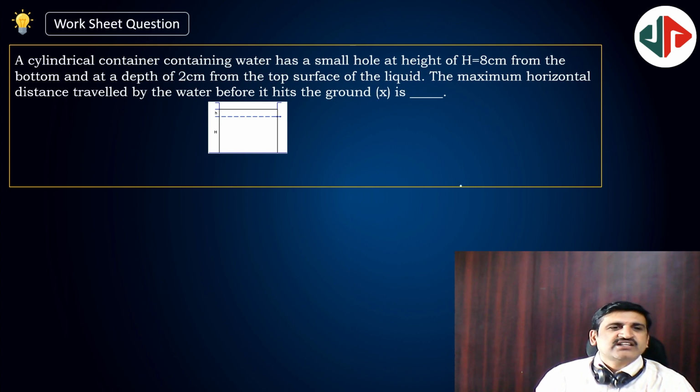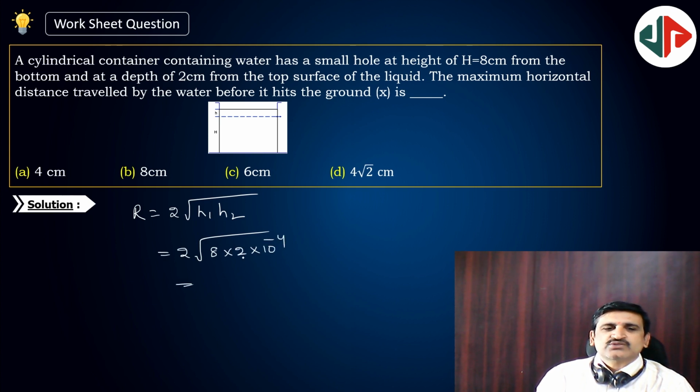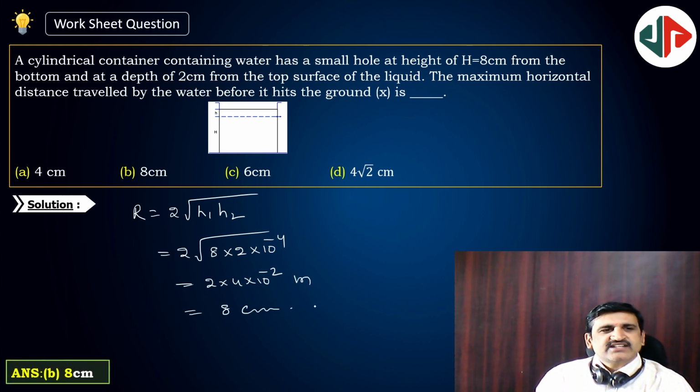The maximum horizontal distance traveled by the water on the ground is R equal to 2 into square root of H1 H2, I can call from the top and from the bottom. 2 into square root of 8 cm and 2 cm into 10 power minus 4. That is 2 8s are 16, 16 will come as 4 into 10 power minus 2. So this will be 2 4s are 8, and it is centimeter. So option is 8 centimeter.